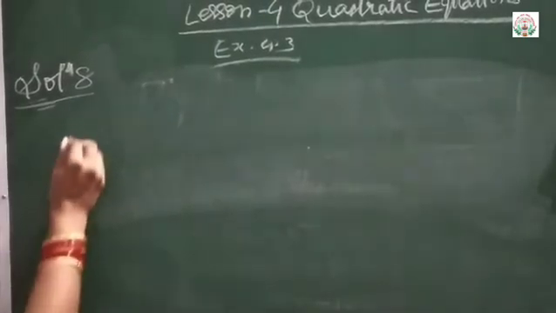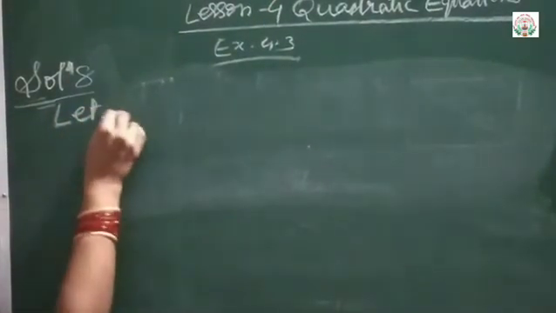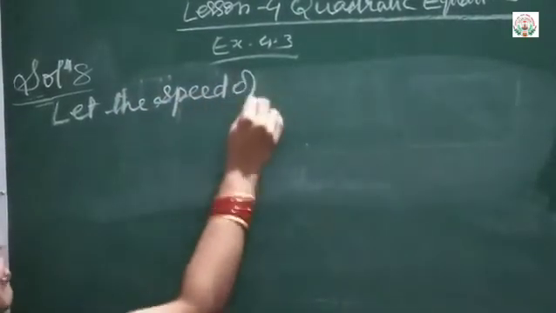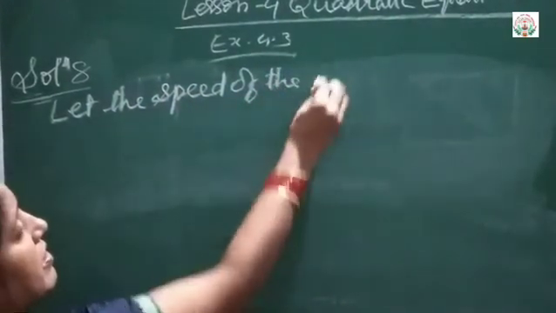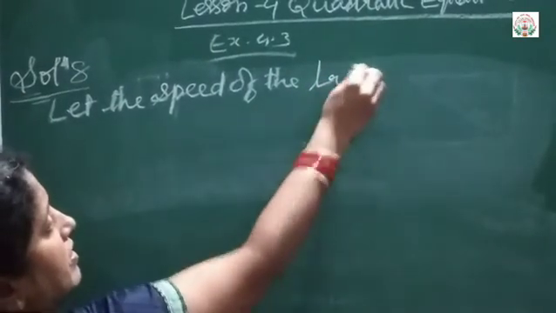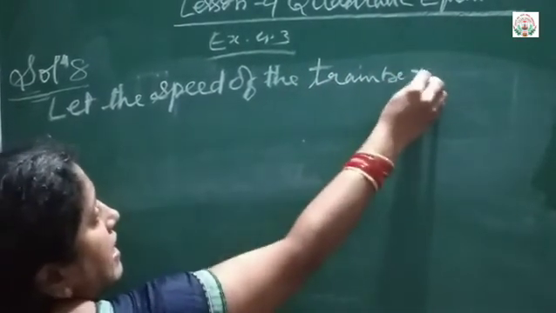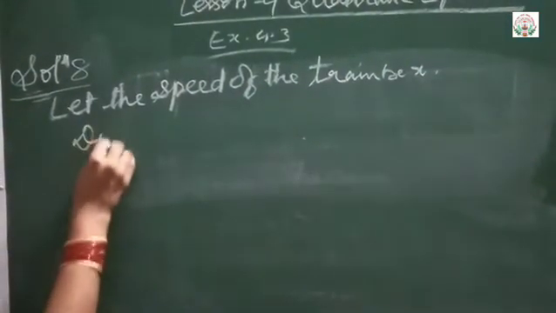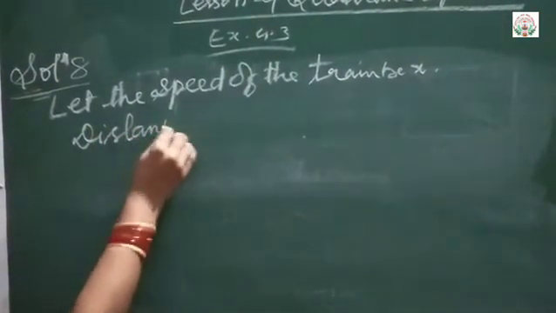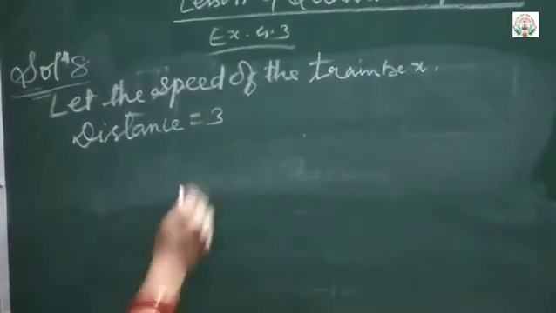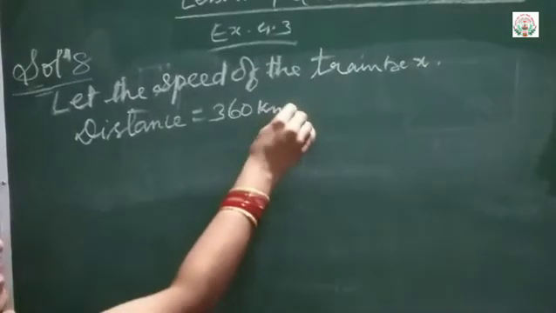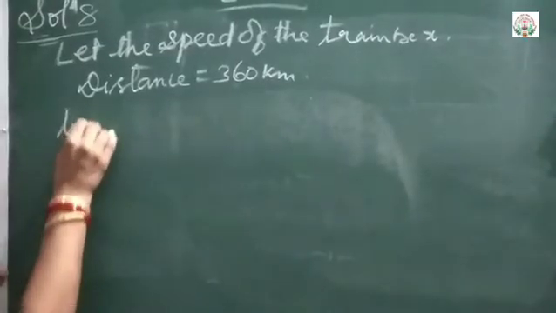Let the speed of the train be x. Then distance is given, the same distance, which equals 360 kilometer. So time taken will be how much?